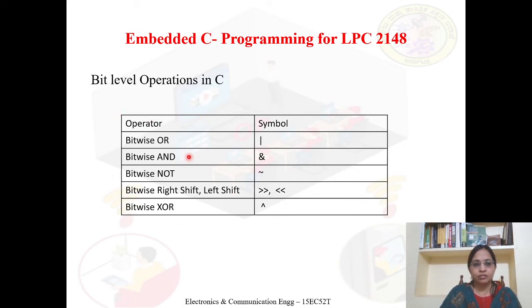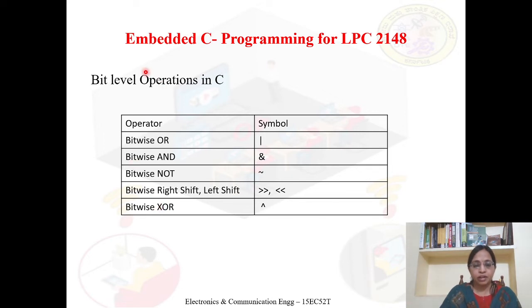In the table I have listed all the bit level operators that are supported in the embedded C language. The first one is the pipe symbol. This represents the bitwise OR operator, and the ampersand symbol represents the bitwise AND operator. NOT is represented using the tilde symbol. Similarly, the next two symbols represent the shift operators and the XOR operator respectively.